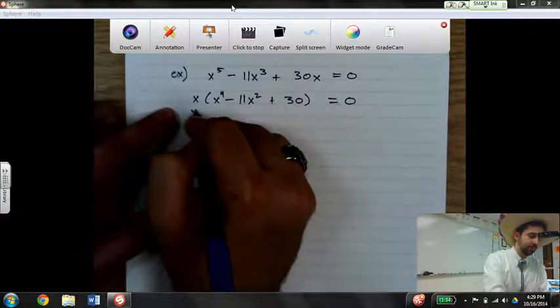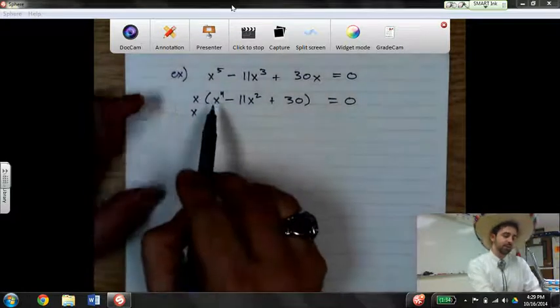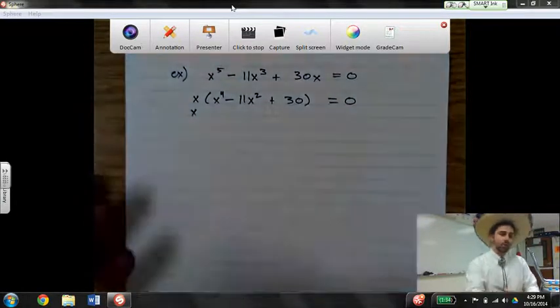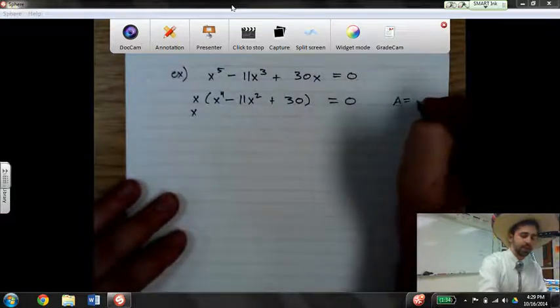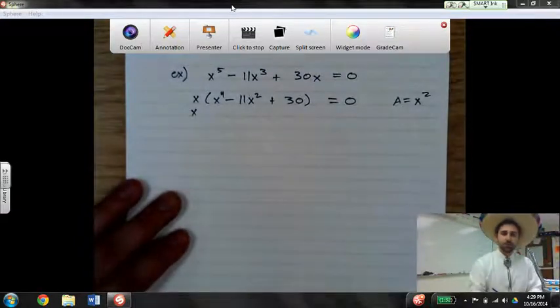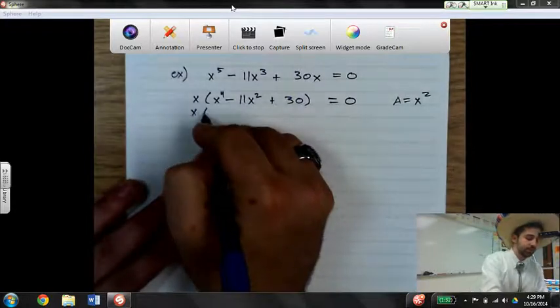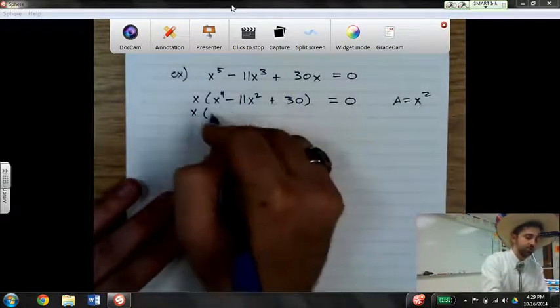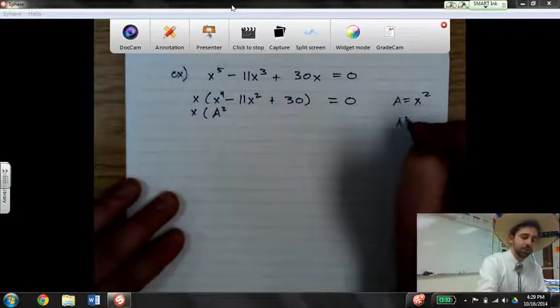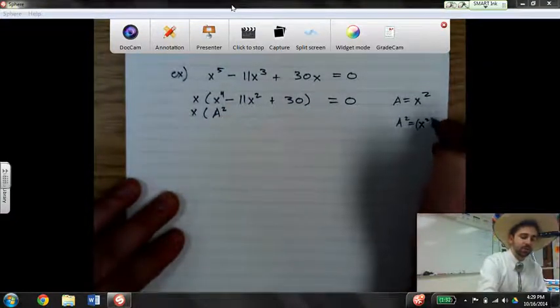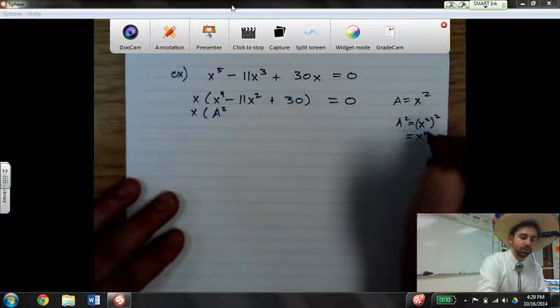Once again, I'm going to leave my x out in front, and notice x to the 4th and x squared. Well, I'm going to substitute and say that a is equal to x squared. So I then can say that x to the 4th can be rewritten as a squared, because a squared would be the same as saying x squared squared, which is just x to the 4th.